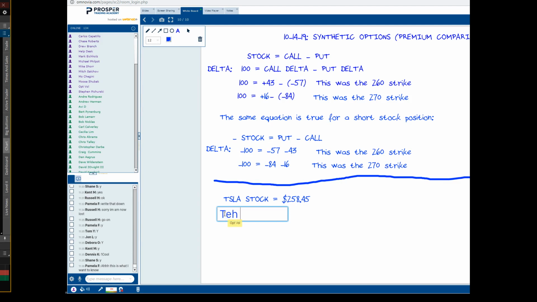Okay, the 260 call is $4.10. Okay, and the 260 put was $5.65. Okay.